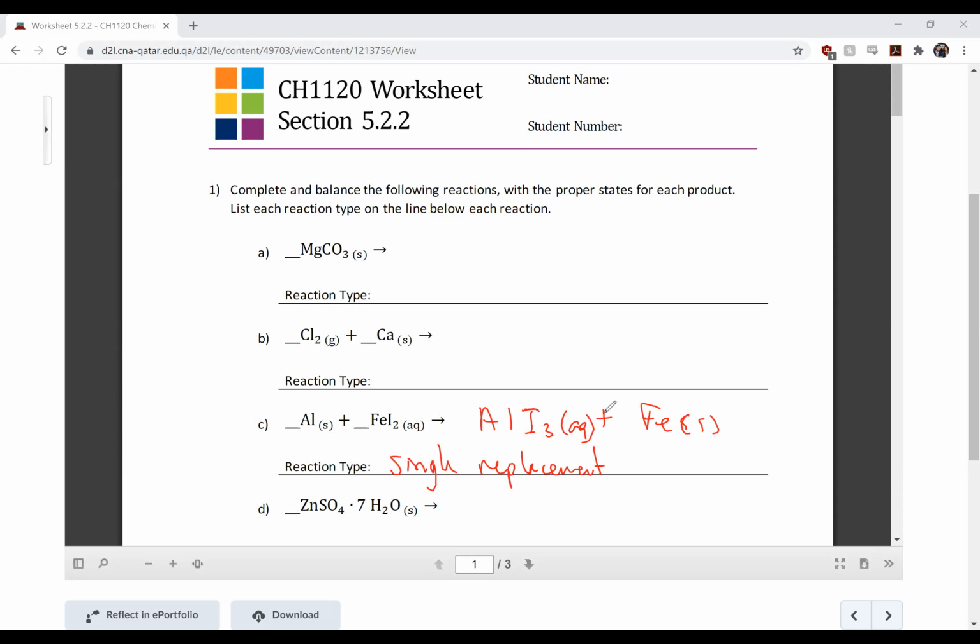So the last thing I need to do for full marks here is to balance this. This is actually a good one to balance. So I want to put a 2 here to turn this into a 6. So then I'll put a 3 here, and then I need a 2, and I need a 3, and that one's balanced. That's a tough one.